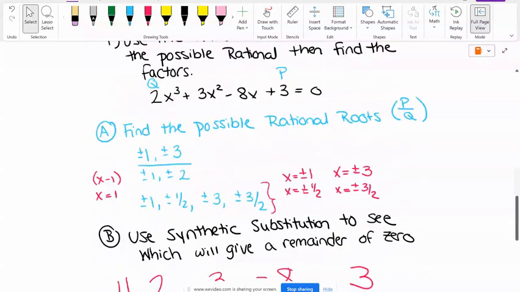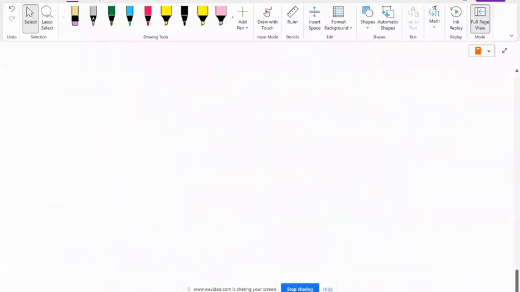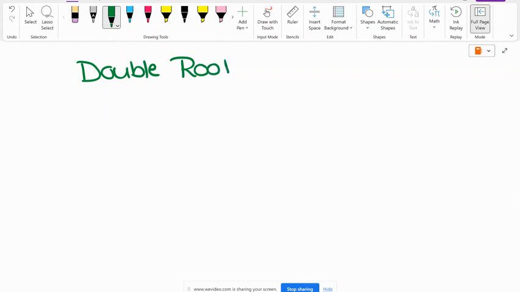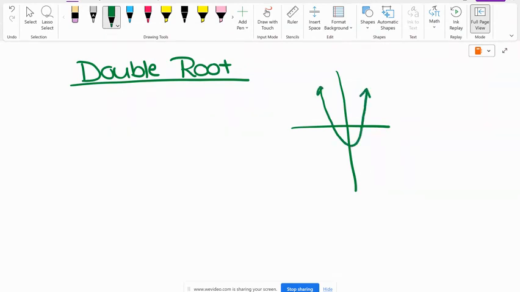Okay, so now there's something we also have to consider called a double root. Does anybody know what I mean when I say a double root? Okay, so a double root is something like, for example, generally if we have a parabola, we have something like this, right? Where here's a root and here's a root.